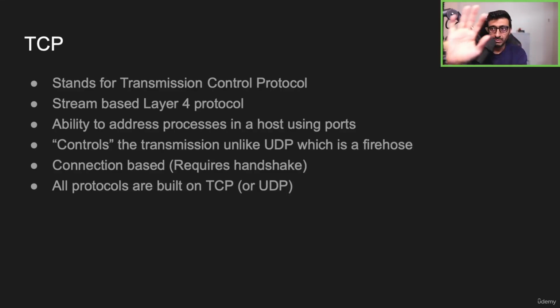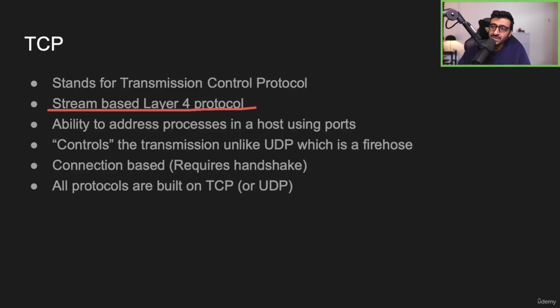It addresses a whole machine, and the concept of machine really changed, right? What does a machine mean? But think of it as a box. But then you want to address specific applications within this machine, and ports came into the picture, and TCP took advantage of this concept of the port.